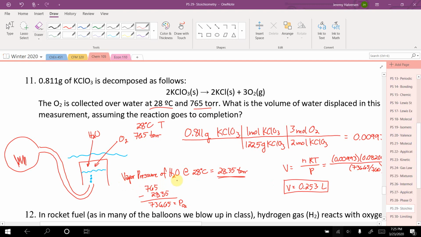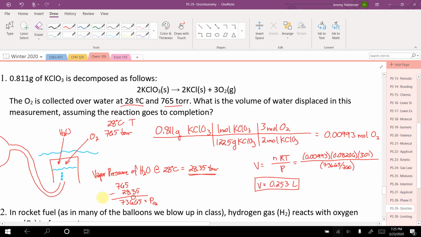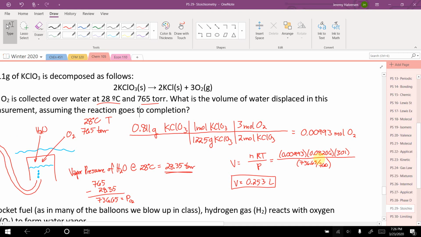So you can look up the vapor pressure of water at the temperature you're at, and you need to subtract that pressure out of the total pressure. That gives you your pressure of just the gas. And then we just use the ideal gas law with the moles of O2 in this case, the pressure of O2, and that gives us the volume.